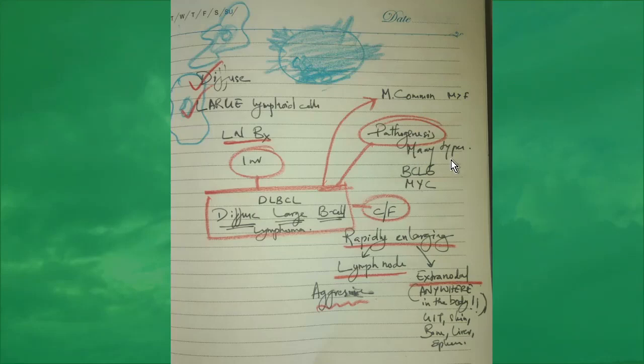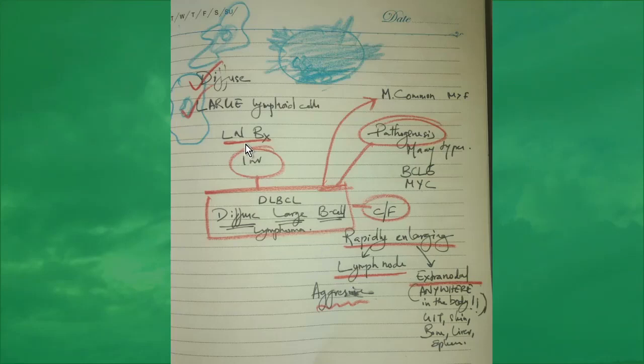We don't have to go into that, but all you have to know is there are mutations in BCL6 and MYC. Clinical features include a rapidly enlarging lymph node or an extranodal site. Extranodal site can be anywhere, GIT, skin, bone, anywhere. Or DLBCL can arise from other B cell lymphomas like SLL, follicular lymphoma, etc.